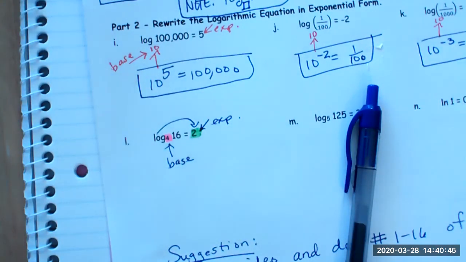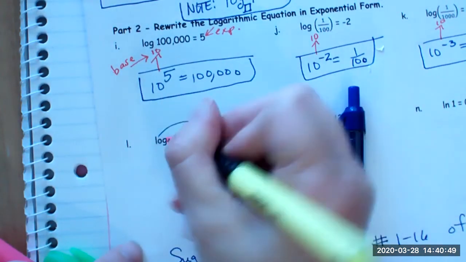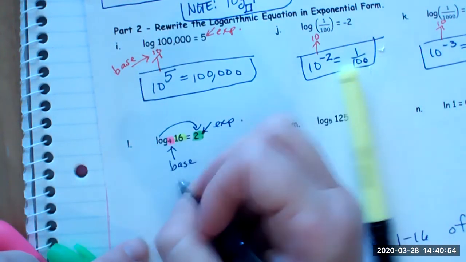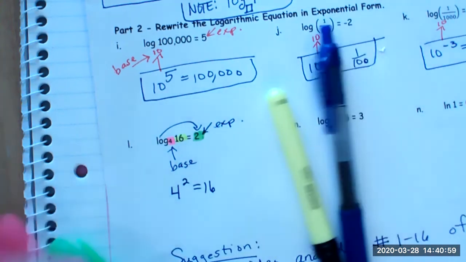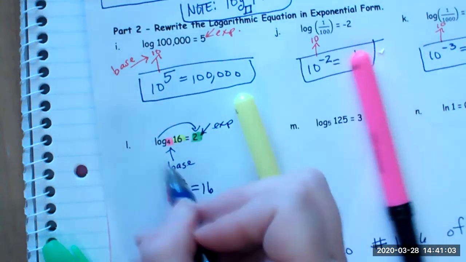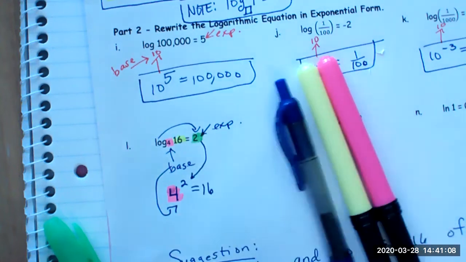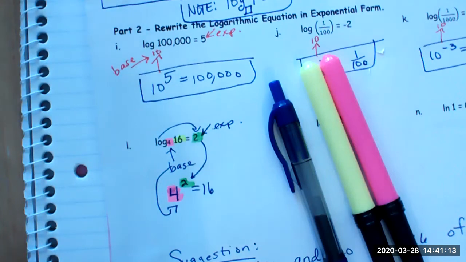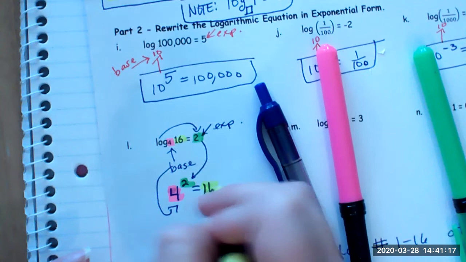And here's the value we're taking the log of. Okay, so if I put them down here, I've got 4 squared equals 16. So you can see where everything went. Here's the base. Here's the exponent. And here's our answer.